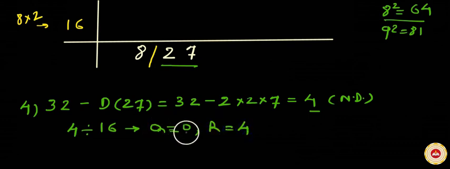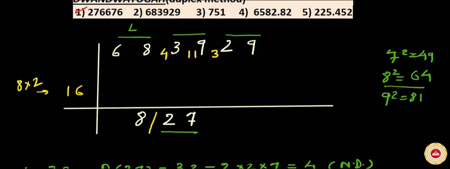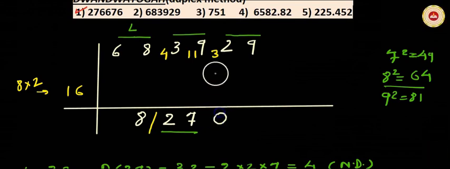So let us write quotient 0 and remainder 4 as a prefix to next digit in the given number. Now this has become 49, the next gross dividend. So in the next step, let us calculate net dividend out of this.